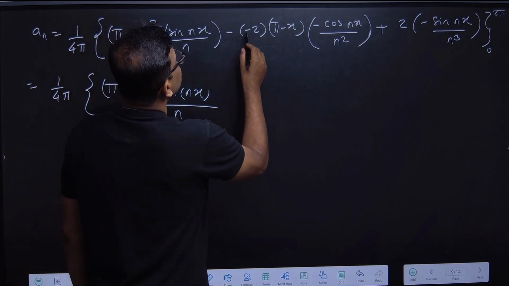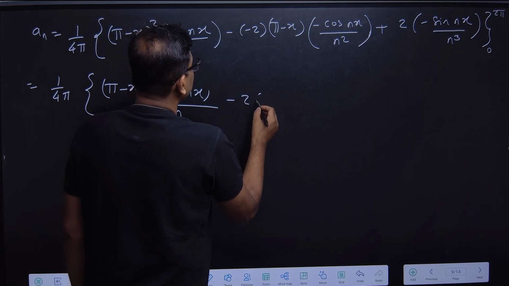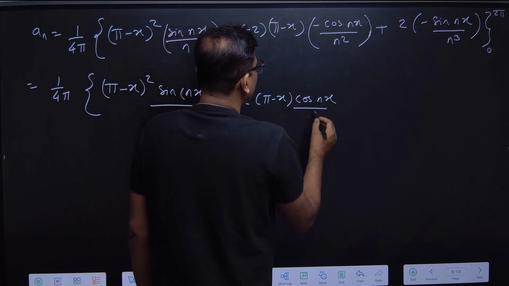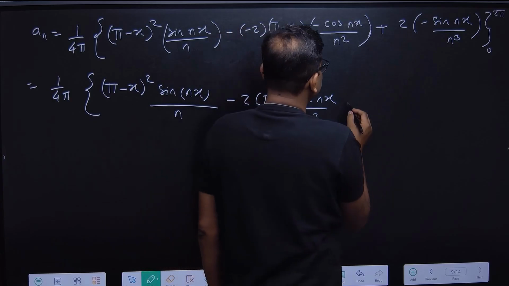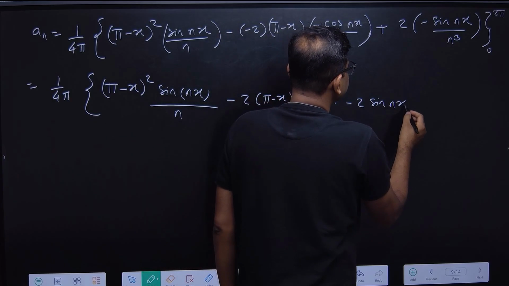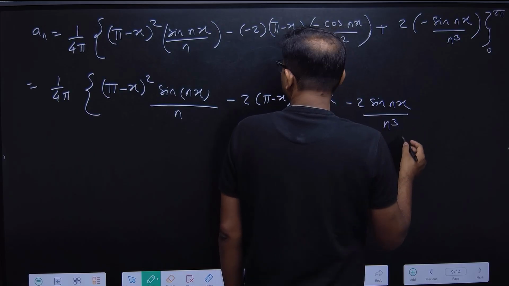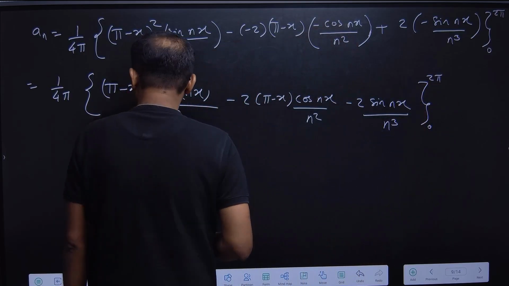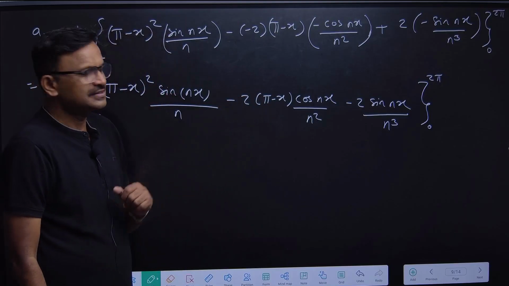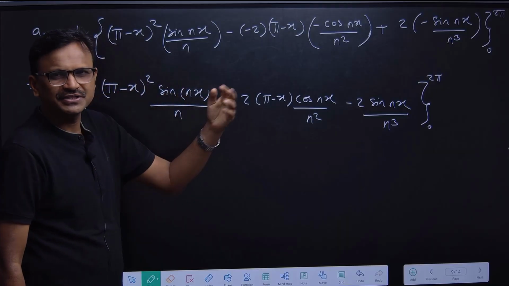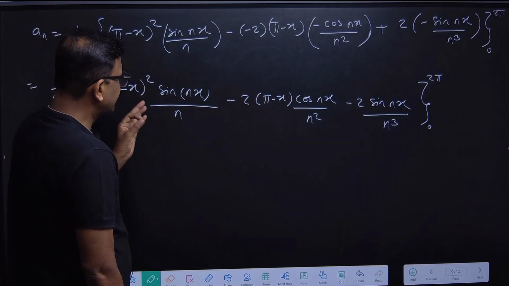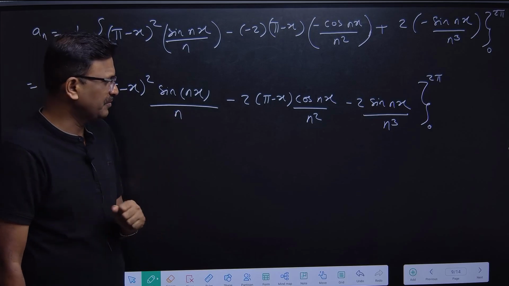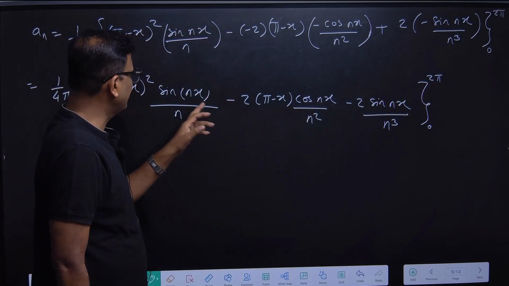Minus into minus will be plus, plus into minus will be minus, so minus 2 into (pi minus x) into cos nx upon n square, plus into minus is minus 2 sin nx upon n cube, in the limit 0 to 2 pi. So we have applied the formula of integration by parts, u into v. Now we'll put the limits in place of x. Wherever there is x, we'll put the limits. Remember, it is always the upper limit minus lower limit. First of all, wherever there is x, we'll put the upper limit 2 pi.